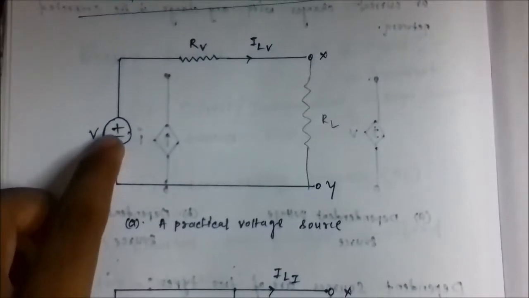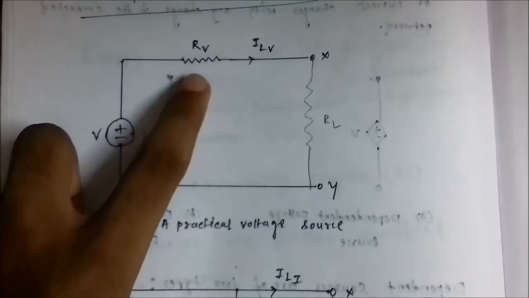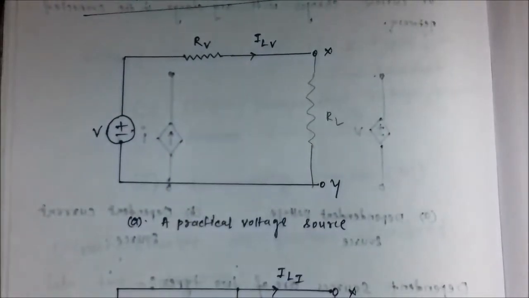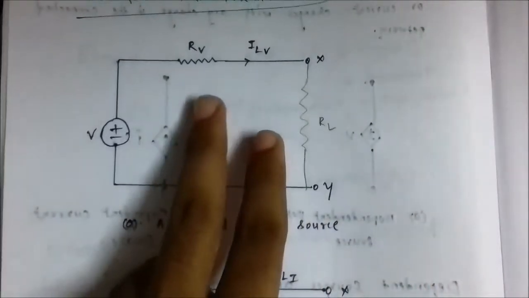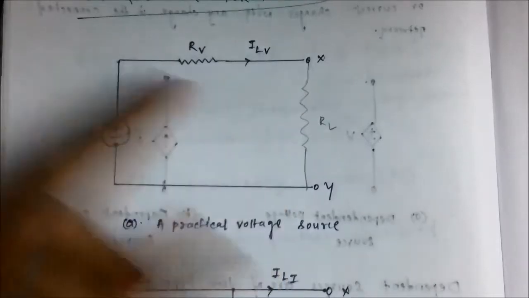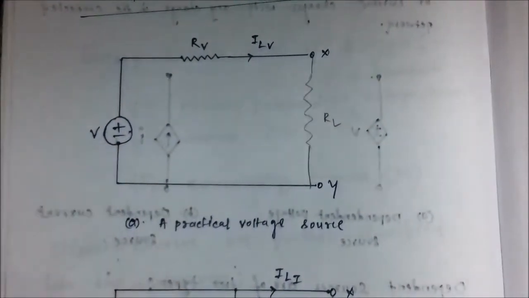It has a voltage source with an internal impedance or resistance RV, and hence as a result there is some voltage drop across this resistor, causing loss of voltage from the source.